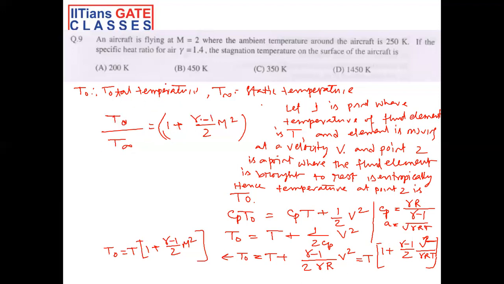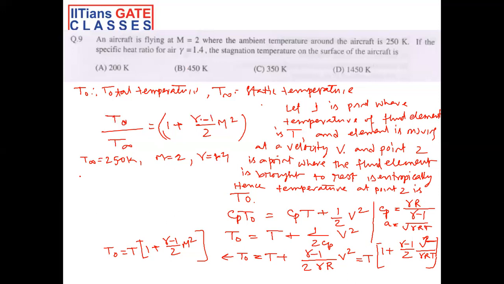So in this question, ambient temperature, which is T infinity, is given as 250 Kelvin, and M is given as 2, and gamma is 1.4.